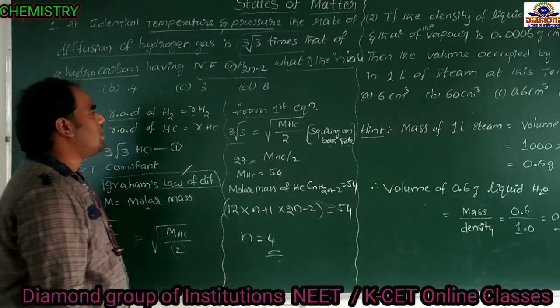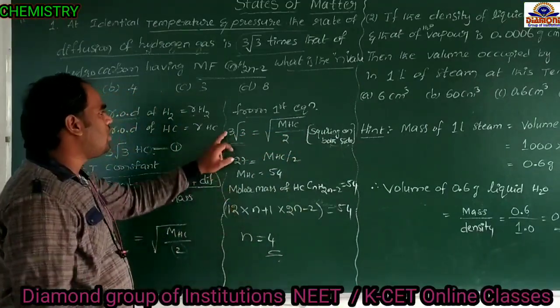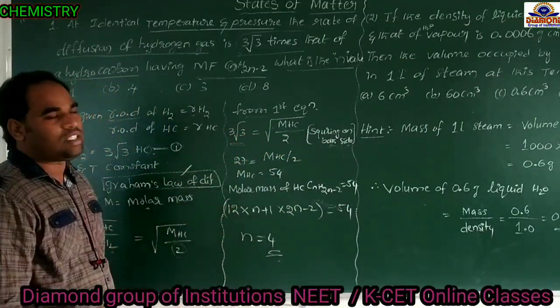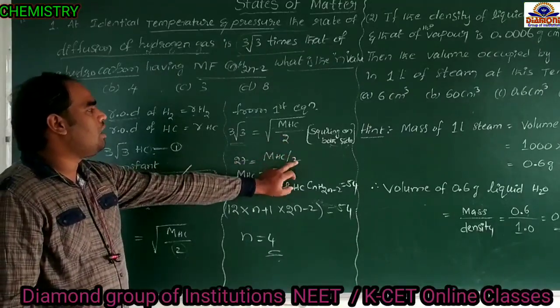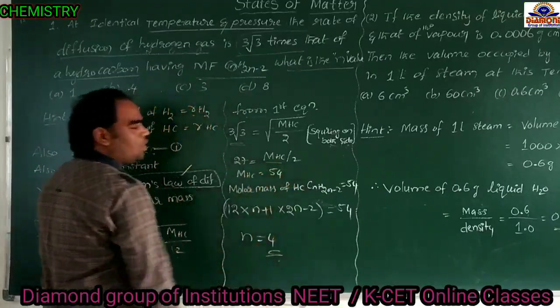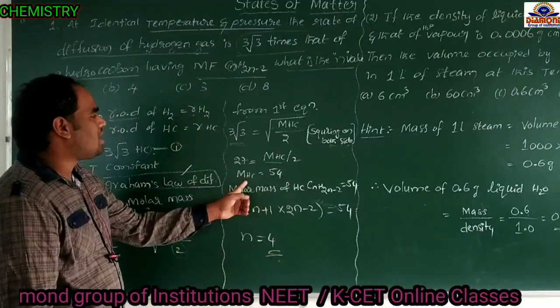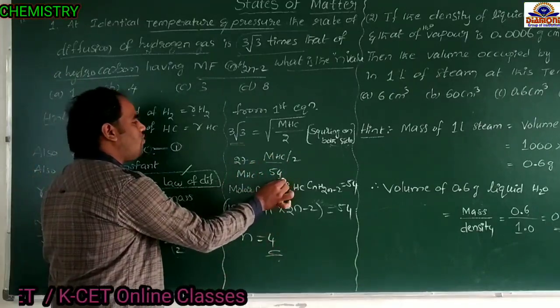Squaring both sides, we get 27 equals the molecular mass of hydrocarbon by 2. Therefore the molecular mass of hydrocarbon is 27 into 2, which is 54.